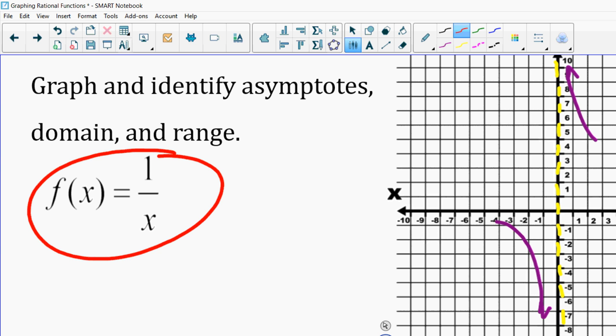I don't care how big you get, you're never going to get zero. Now, somebody's going to say, yeah, it does eventually equal zero. Well, it really doesn't. If I make this 1,000, you see these nasty numbers?